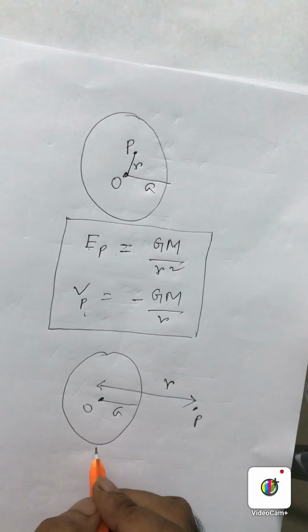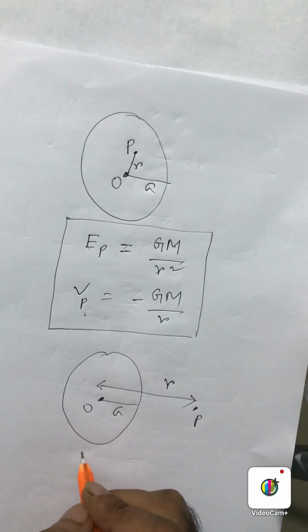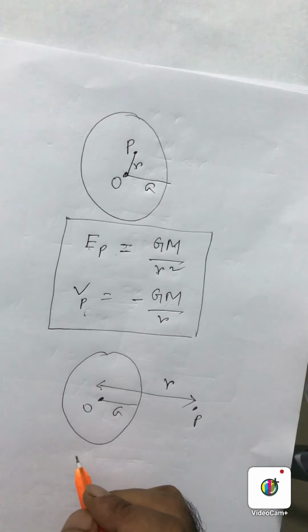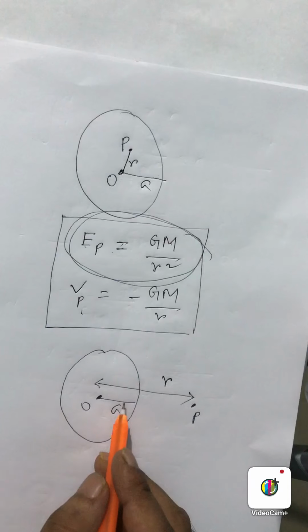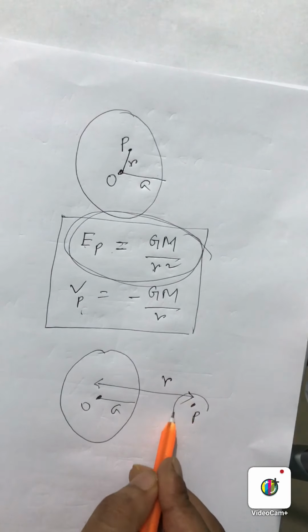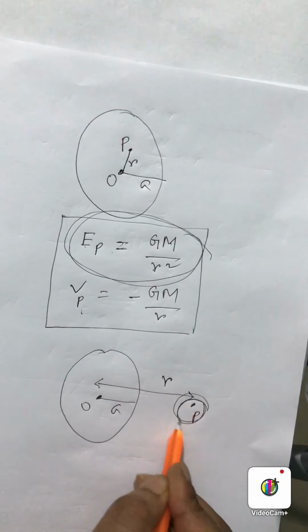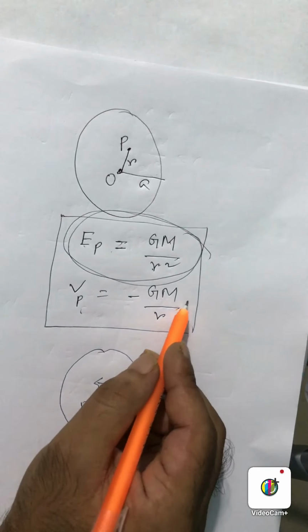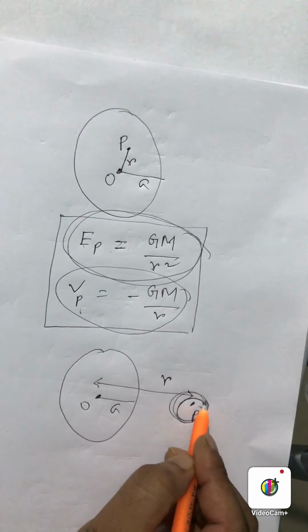Now, the gravitational field intensity and the gravitational potential: this formula we use to calculate the gravitational field intensity outside the hollow sphere, and this formula we use to calculate the gravitational potential outside the hollow sphere.